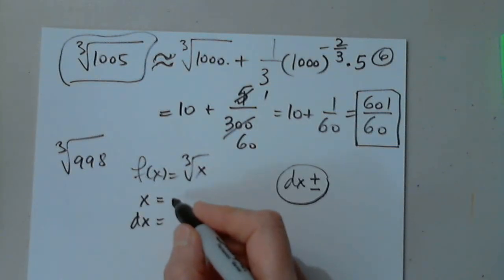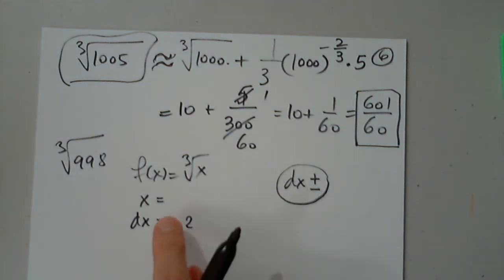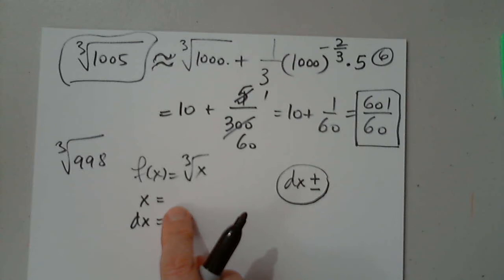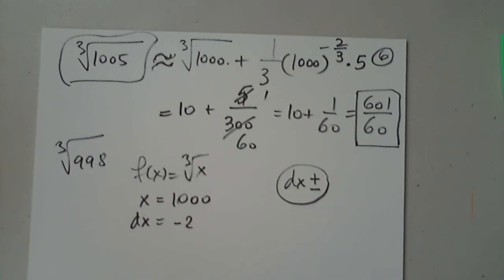Dx would be negative 2. So I cannot choose dx before I choose x. X is 1000. So first I have to choose x, and then I realize that the dx is positive or negative. Same thing, because that's the closest to taking the cube root of 1000.